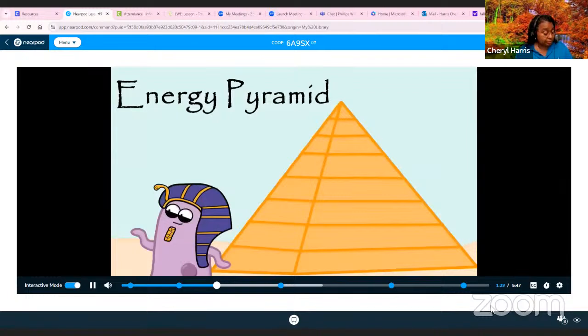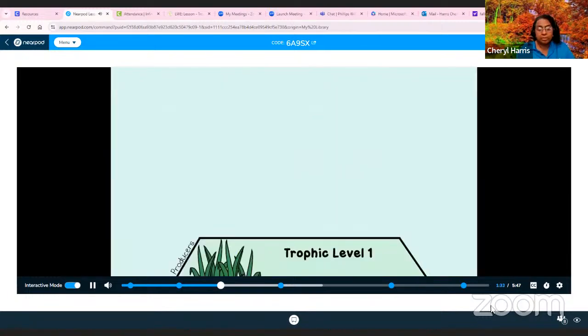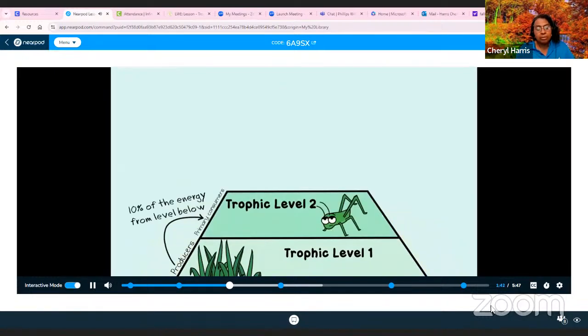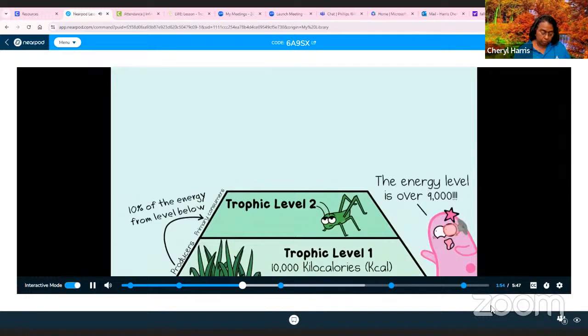You can also arrange the same food chain into an energy pyramid. The producers are at the base here. In trophic level 1, they actually contain the most energy. What's crazy to think about is the primary consumers here in trophic level 2 only store 10% of the energy from the producers. Let's say the plant here has 10,000 kilocalories. That's a unit of energy.